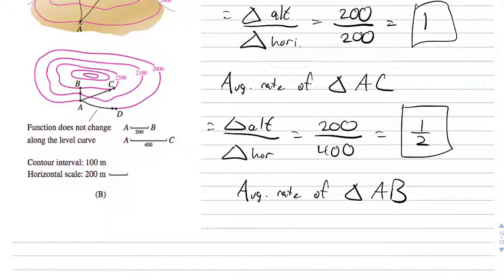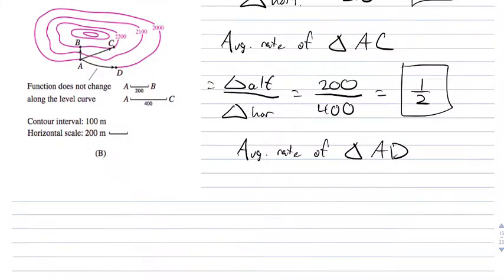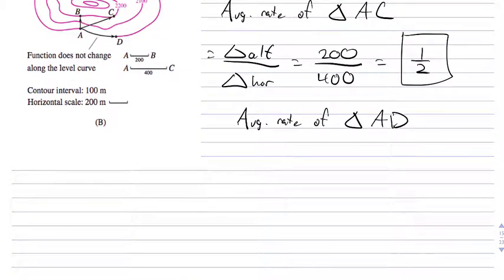And then average rate of change from A to D. Okay. So that's going to be the change in altitude over the change in the horizontal. Now the change in altitude, as far as going up and down, notice that D is on the same contour line as A. So we didn't change altitude, so the altitude would be 0. It has a 0 change.